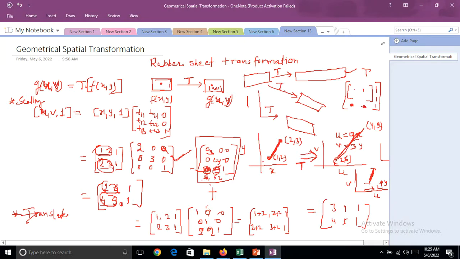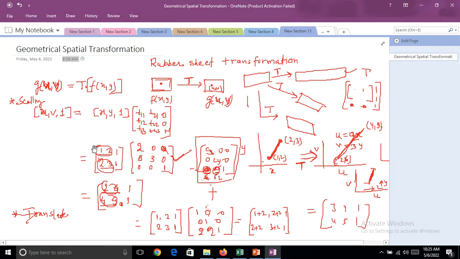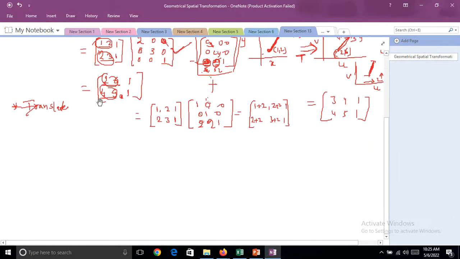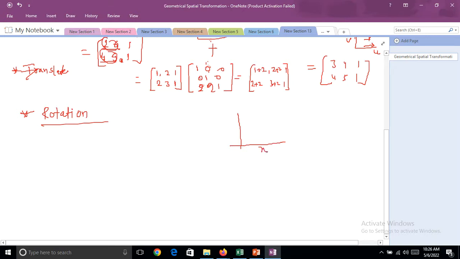Now let us move to the another operator. So we discussed scaling and translation. Now let us move to rotation. In rotation, again, let us say we have x, y.